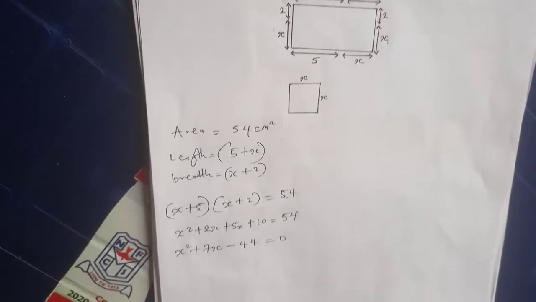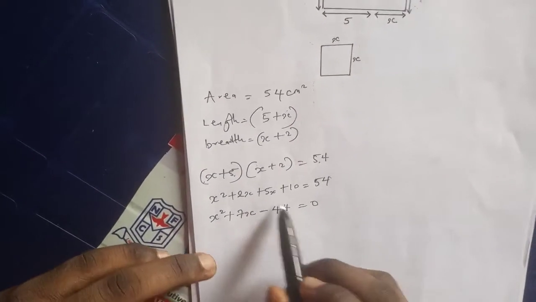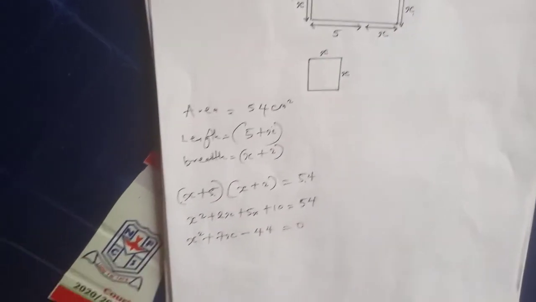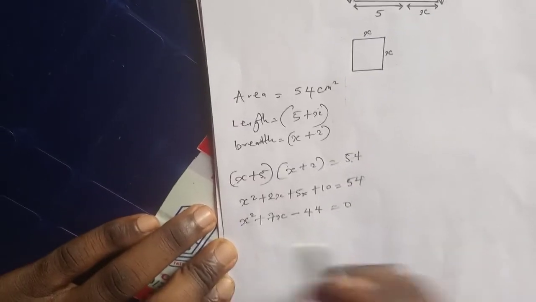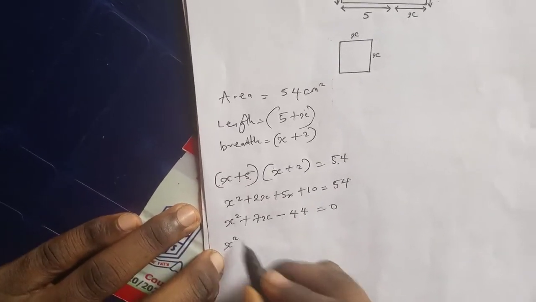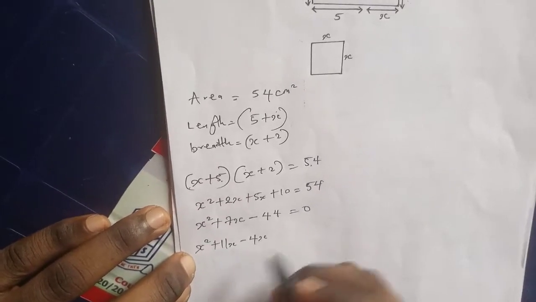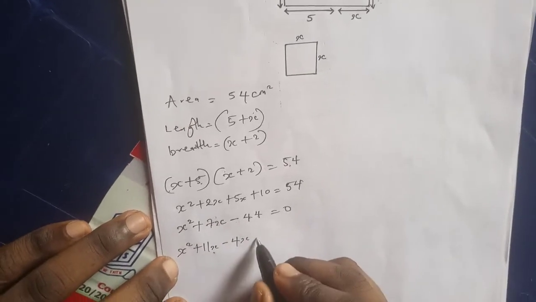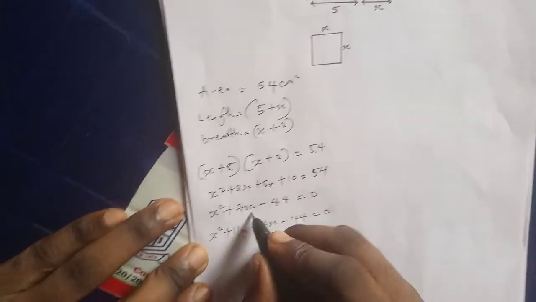All right, I can factorize this, and two numbers I can multiply together to give me 44 will be 11 and 4. And adding them together also, I will get this. So 11 and negative 4 rather, I'll have positive 11x and negative 4x to give me positive 7x. Then my minus 44 equals 0.